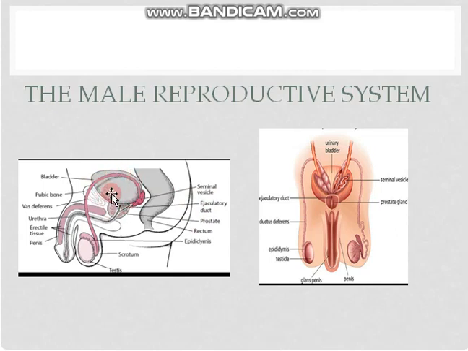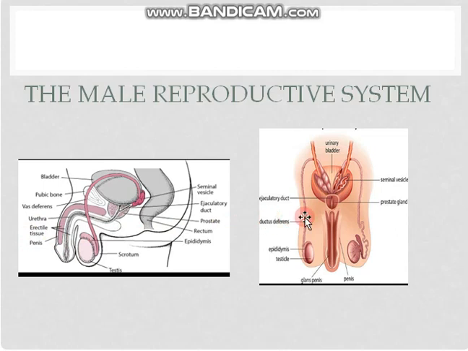Then we have the pubic bone, the vas deferens, the urethra, and the erectile tissue. So we have what is called the penis here.